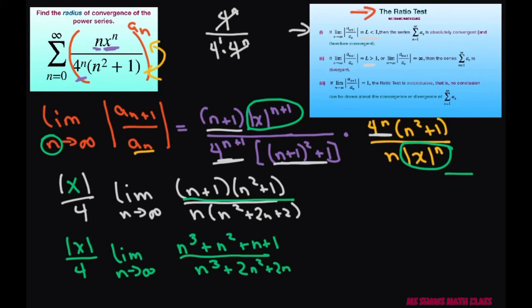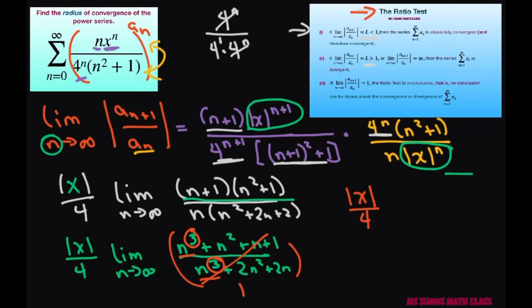Now, as n gets larger and larger, and our degrees are the same, you just divide n cubed by n cubed. That gives you 1. So this just equals 1. So our answer is going to be 1 times absolute value of x divided by 4.